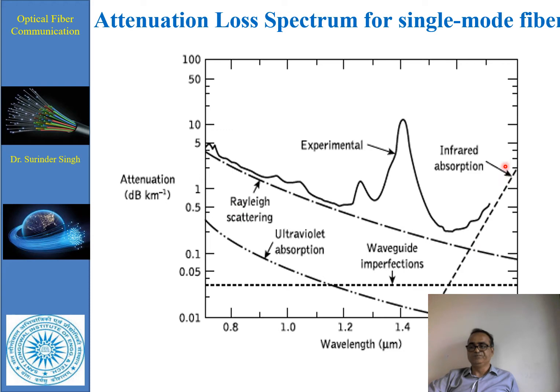So this causes the attenuation to increase. This is the baseline of the attenuation, and another attenuation is also added, which increases the attenuation loss in the single mode fiber, that we will discuss.